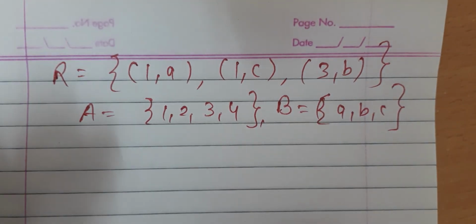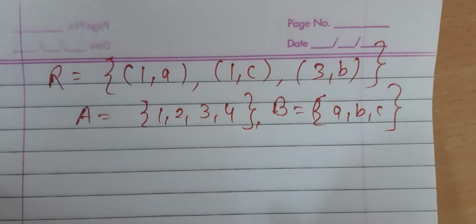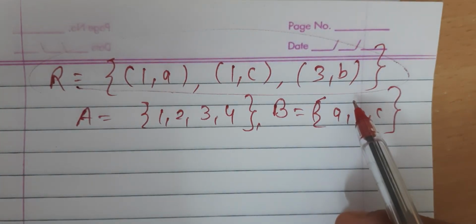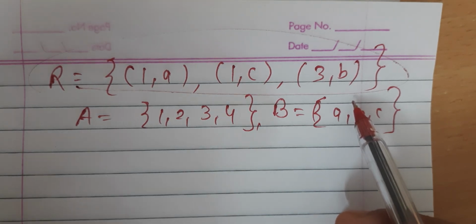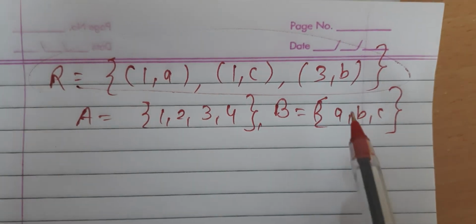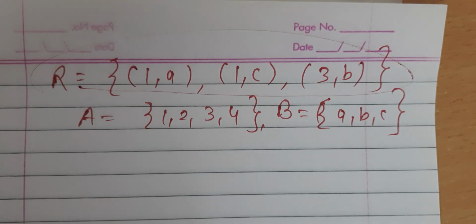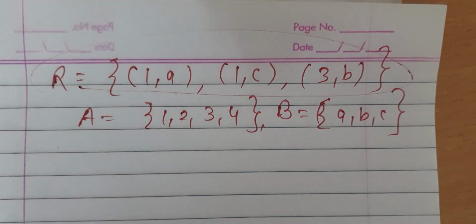Now how to describe this relation in set builder form? This relation is written in roster form, but how to describe this relation in set builder form, means using symbols or using a few mathematical expressions, how to define, how to represent.